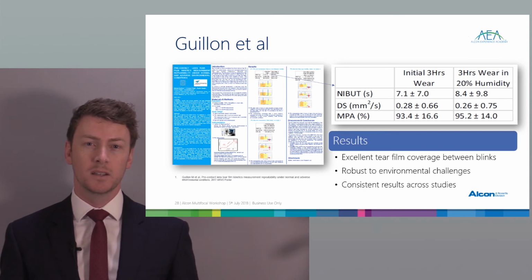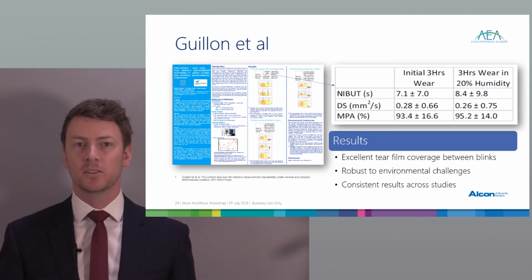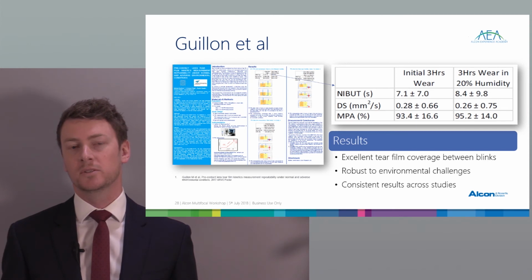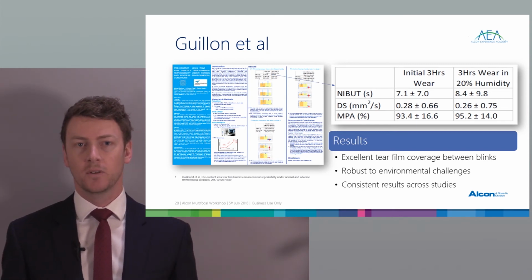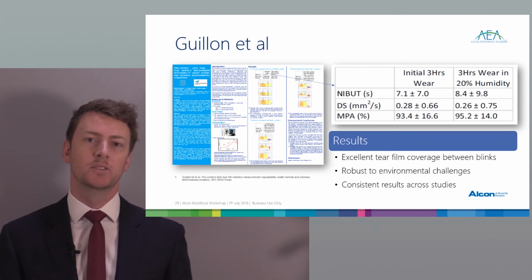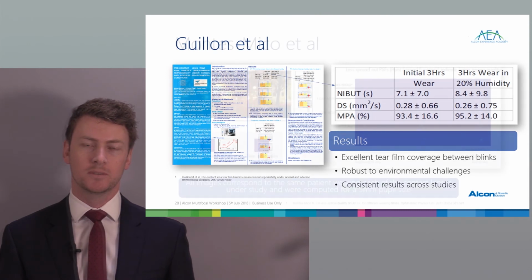And what he found was that there was no statistically significant difference between them. So, essentially, there is minimal difference in the performance of Daily's Total 1 between normal and low humidity environments. So this means you can confidently prescribe it for your office workers and heavy computer users.